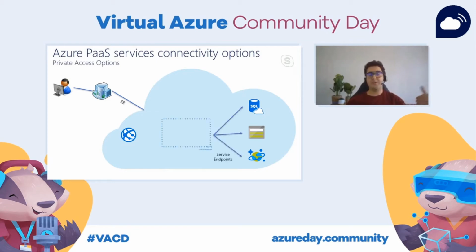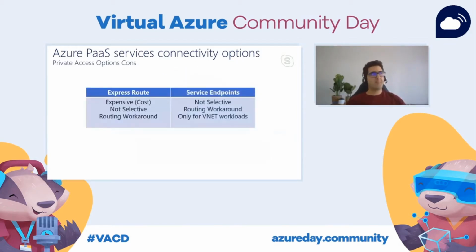You can also use service endpoints, a feature that allows any workload within a virtual network to be routed through the private Microsoft backbone. This allows virtual machines in this virtual network, or any web app integrated to that network, to use the service endpoints to reach your services privately.